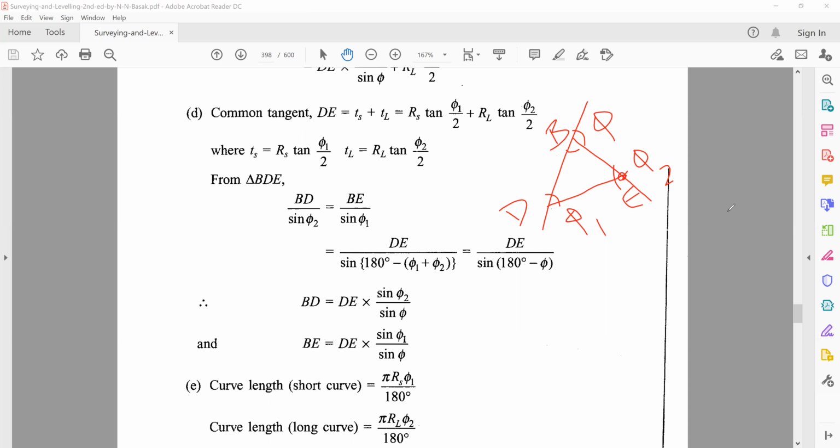What we are interested in finding out are the distances BD and BE.